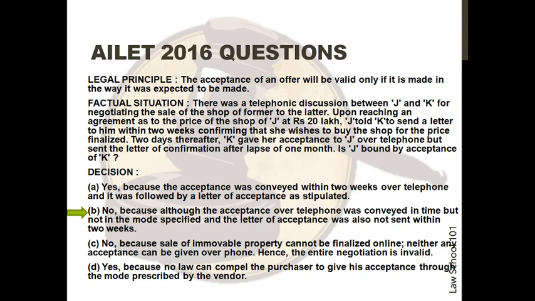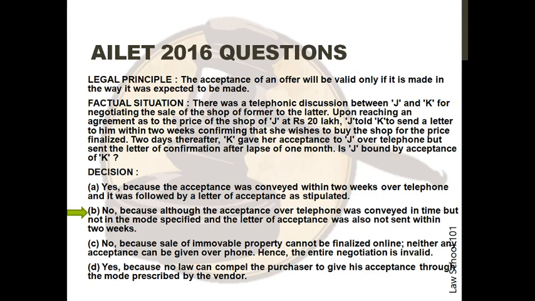Upon reaching an agreement as to the price of the shop of J at rupees 20 lakh, J told K to send a letter to him within 2 weeks confirming that she wishes to buy the shop for the price finalized. 2 days thereafter, K gave her acceptance to J over telephone but sent the letter of confirmation after lapse of 1 month. Is J bound by the acceptance of K?